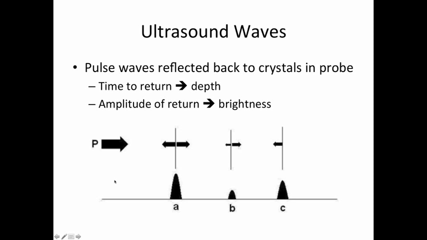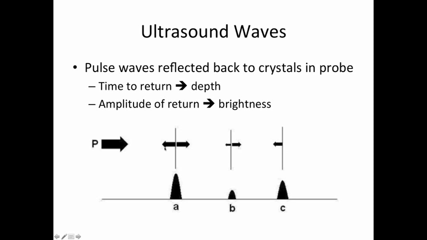Based on the properties of each of those tissue surfaces, you'll get a different amount of the waves being reflected back versus transmitted through that surface interface. And so, for example, here, tissue A reflects back about half of the waves, while half of the waves are transmitted through. Because B reflects back less, more of that is transmitted through C, and so forth.